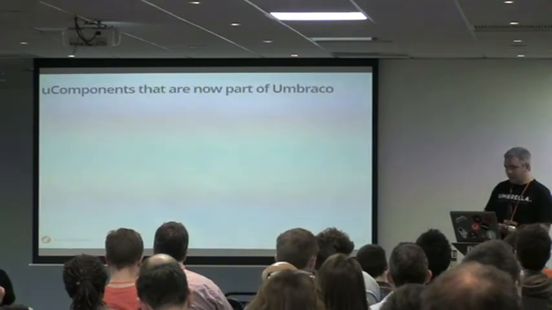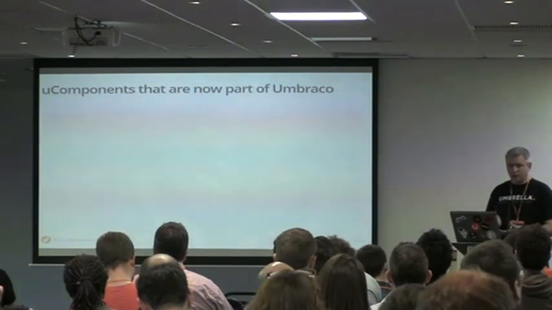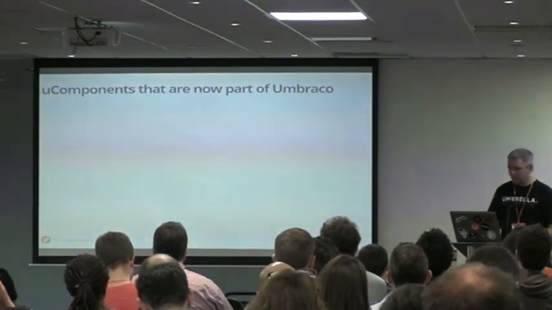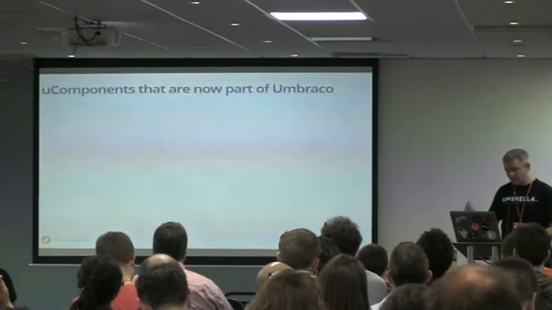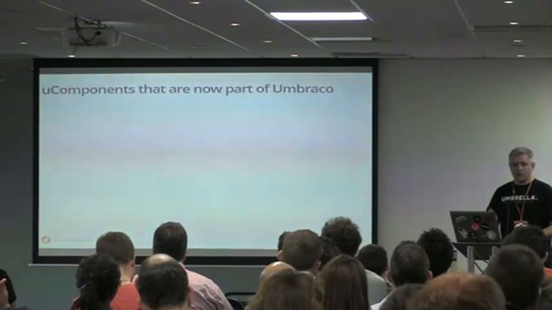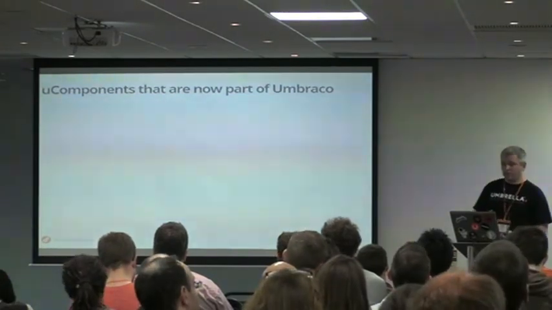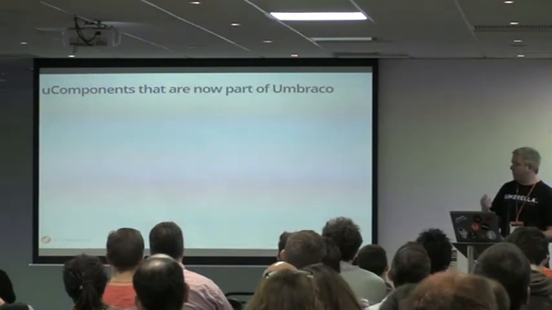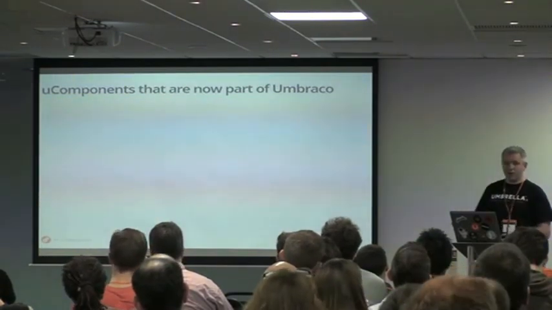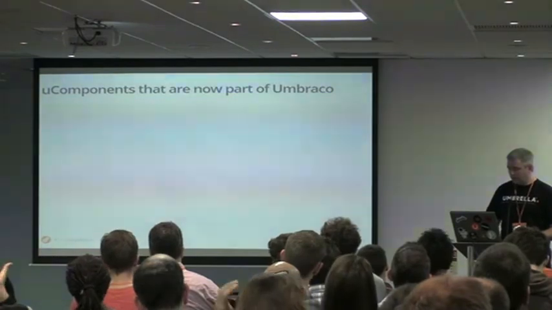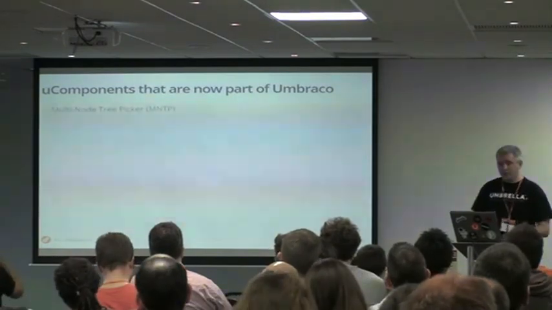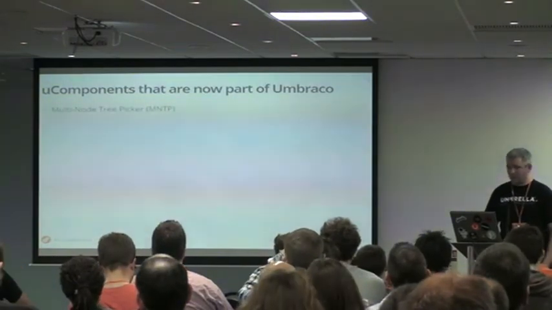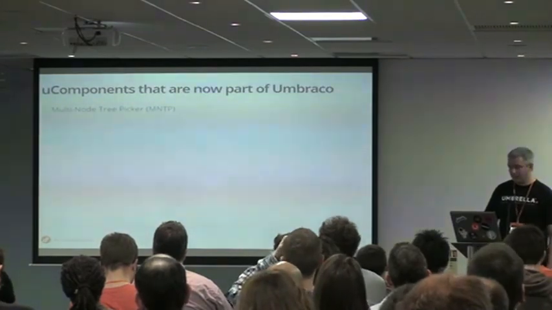So because it's so widespread, one of the successes of uComponents is that certain functionality has become quite mature and also well adopted. So we've now brought some parts into the Umbraco default install, and these were things like the multi-node tree picker, which is by far the most popular data type that we had.